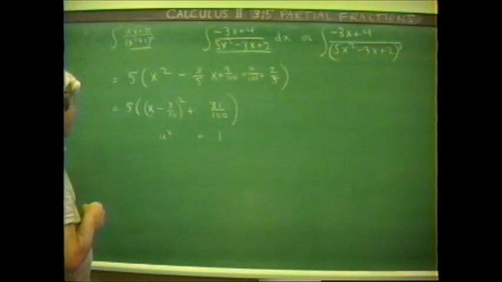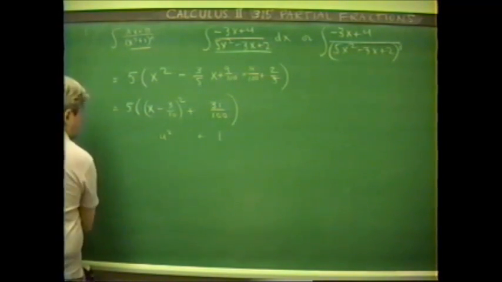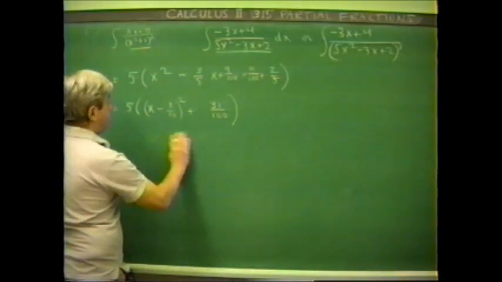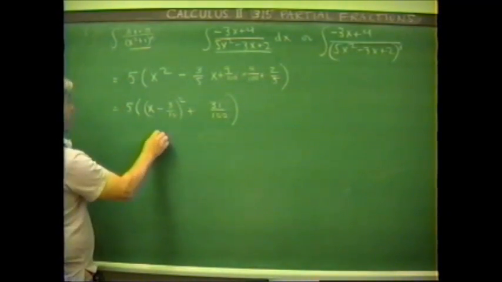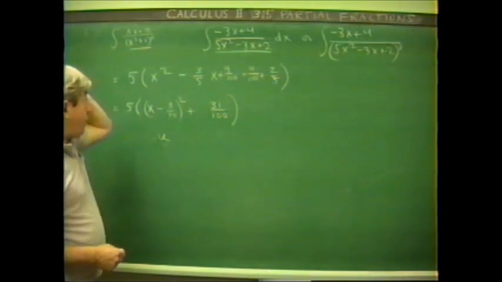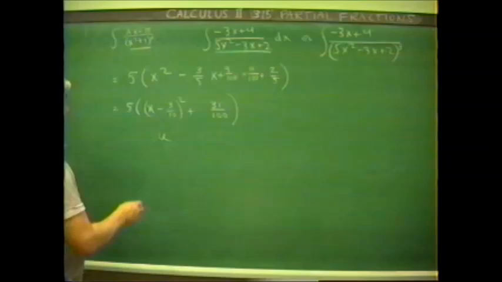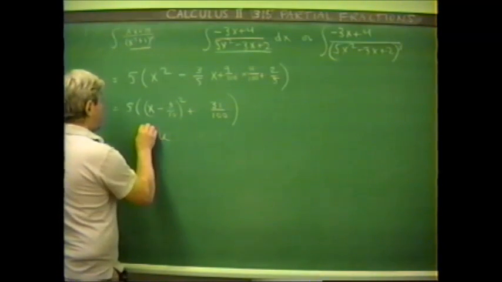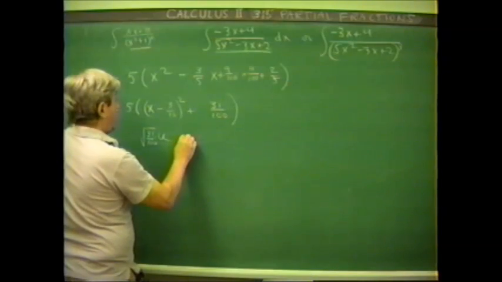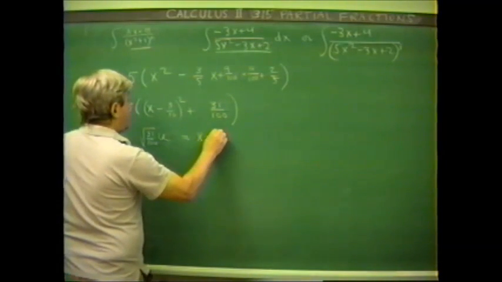If I simply let u be equal to x minus 3/10, then I'm going to get u squared plus 31/100ths. So what I want to do is let the square root of 31/100ths times u be equal to x minus 3/10.